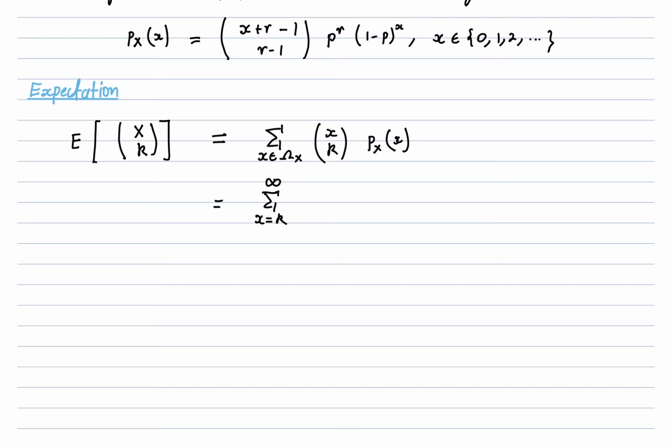Hence we need to specify that terminal. Instead of going from 0, it'll actually start at k. Keeping that in mind, we've still got our x choose k, and we substitute in our expression for the PMF.